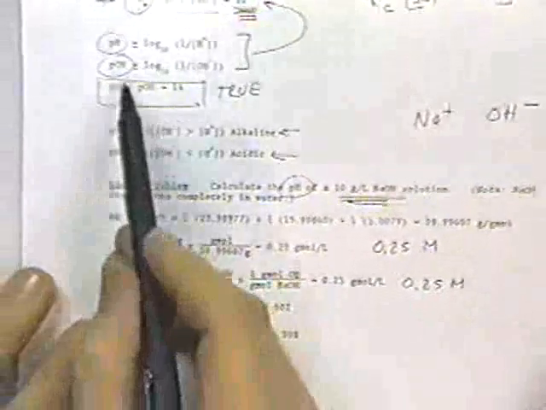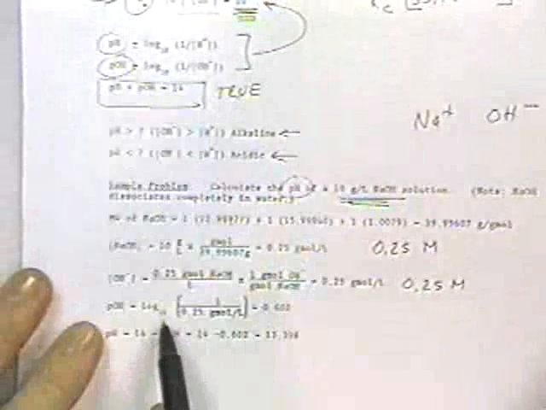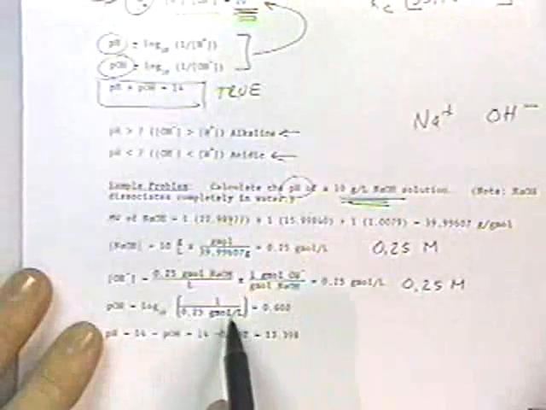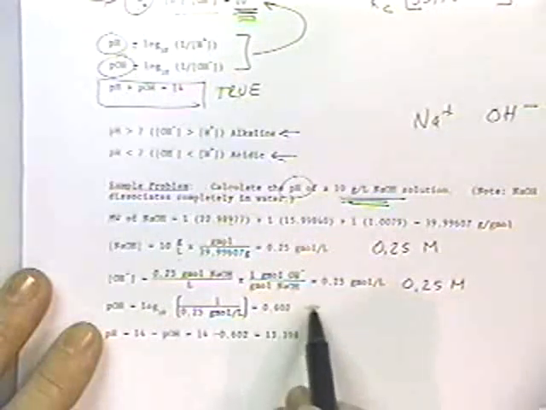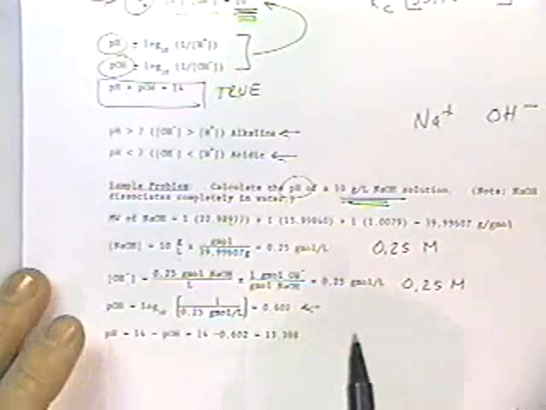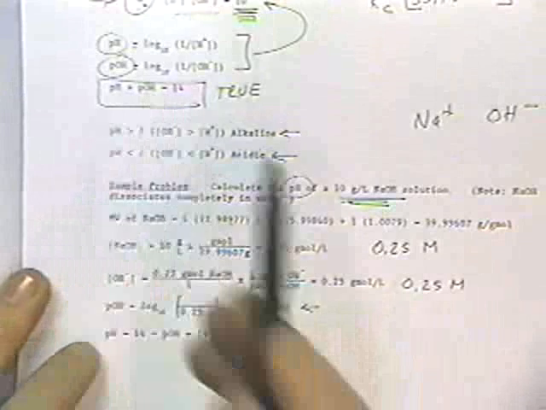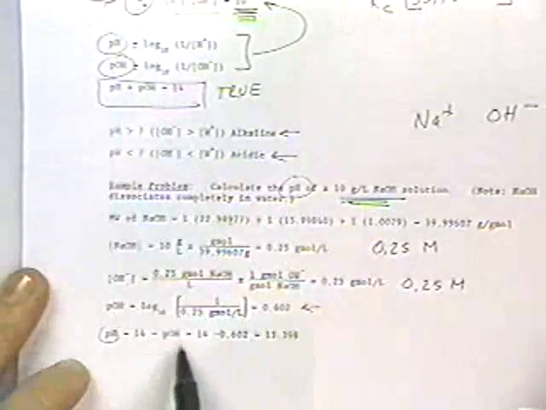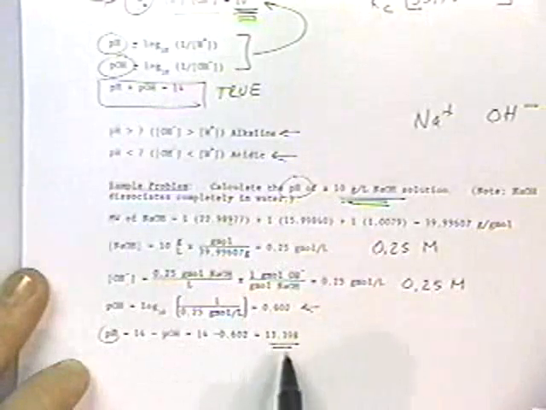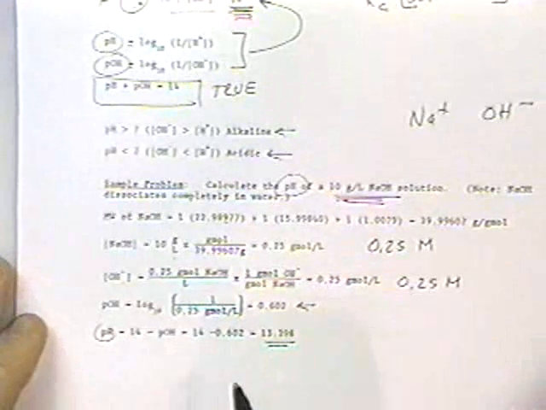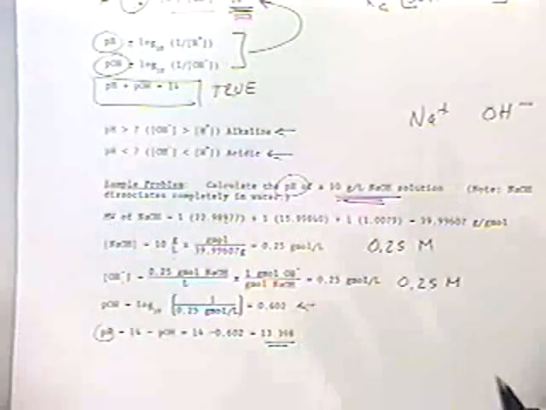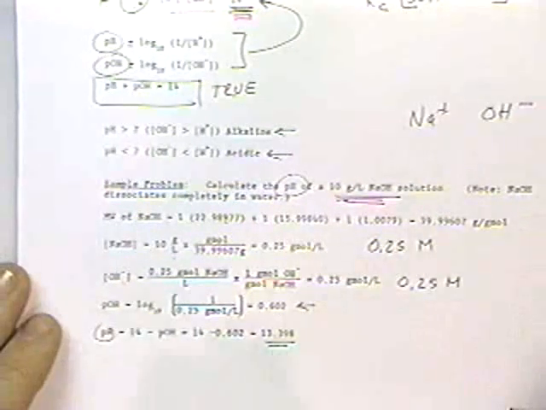Now the pOH, based on the definition, is log base 10 of 1 over the concentration, so that becomes 0.602, and then based on this relationship right here, the pH would be 13.4 essentially. So that's very strongly alkaline. The pH is way above 7, so you can go above 14, but this is a very strongly alkaline solution.